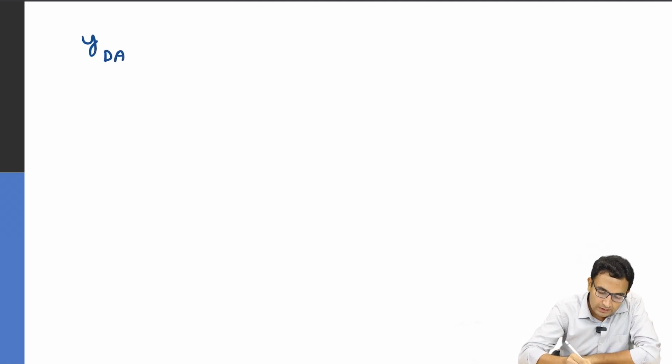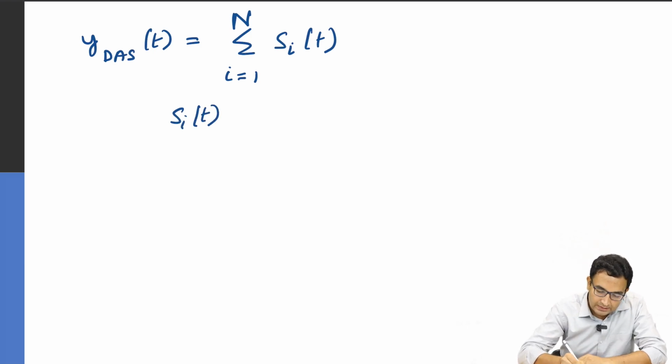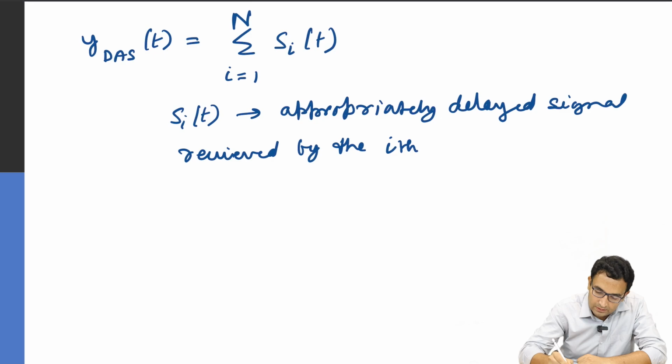So if you look at the delay and sum signal, okay, so we are looking at a single line. It is going to be the sum of signals Si of t, where Si of t represents the appropriately delayed signal received by the ith element of the transducer.